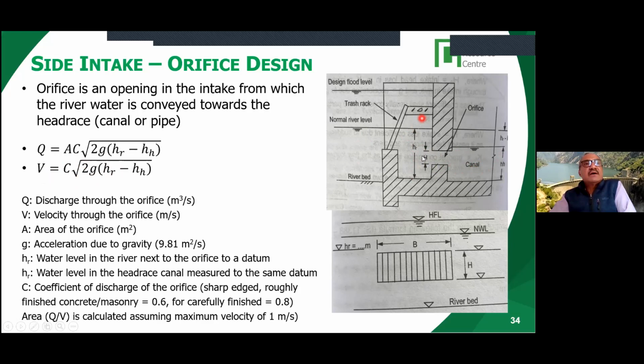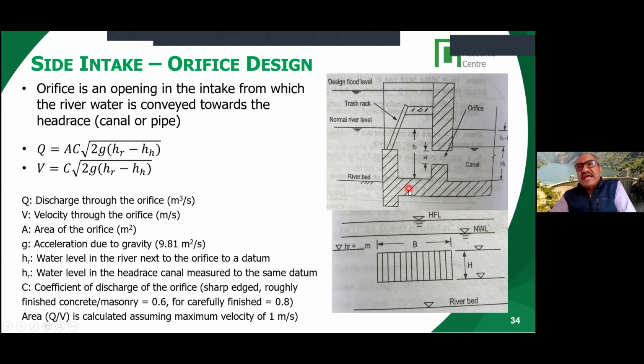This is the water level at the river next to the orifice, HR, and this is the downstream in the headrace canal. It should be HR and HH; this should be HH. There's a small spelling mistake here. So based on this, what is done?